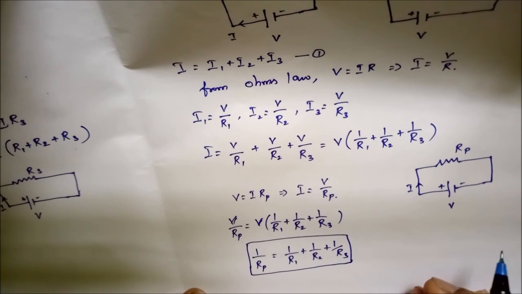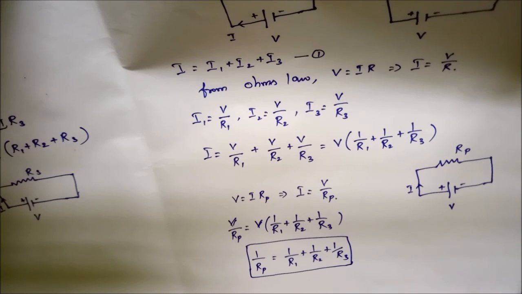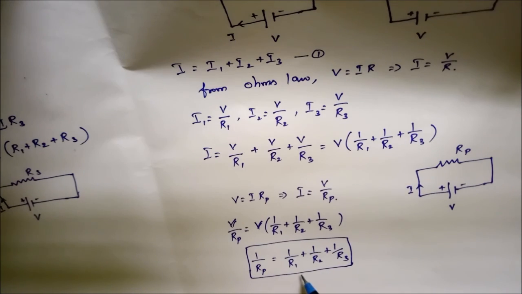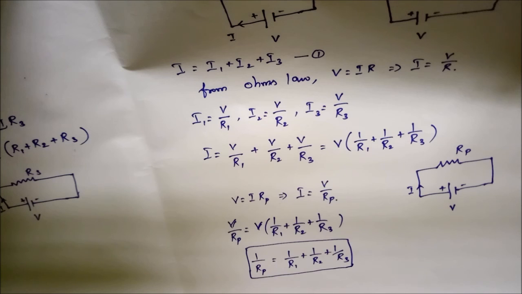The sum of the reciprocals of the resistances of the individual resistors is equal to the reciprocal of the effective resistance of the combination. Once again I repeat, the sum of the reciprocals of the values of the resistance of the individual resistors is equal to the reciprocal of the effective resistance of the combination.